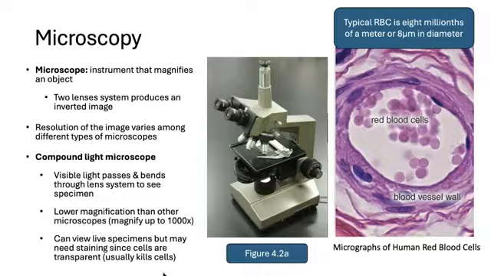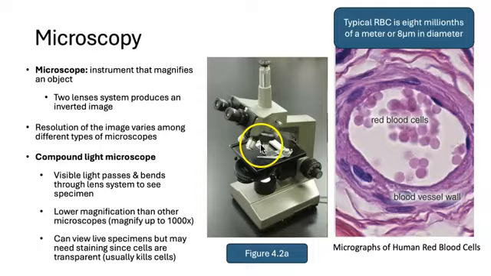And we'll talk through just a few of them here, but the one that you most likely have used and possibly will use in the future are compound light microscopes, where the visible light is going to pass and bend through the lens system so that we can see our specimen of interest. When we use lower magnifications, and we can change this up by using what we call the objective lenses here.